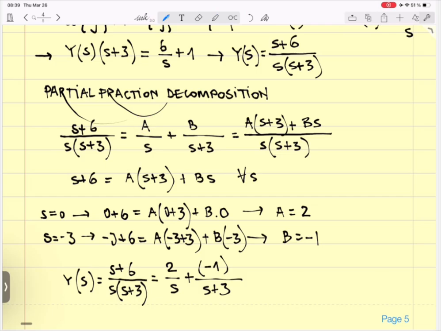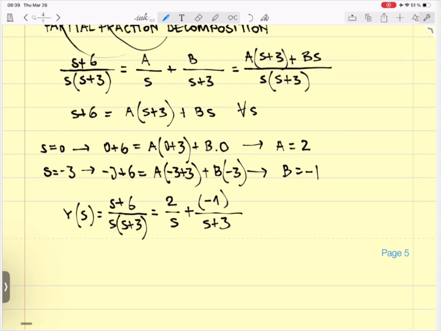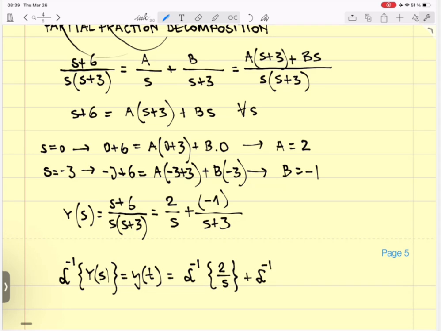So this means that implementing the Laplace transform in the other way, so the inverse Laplace transform of I of s, solving the equation, means inverse Laplace transform of 2 divided by s plus inverse Laplace transform of minus 1 divided by s plus 3.